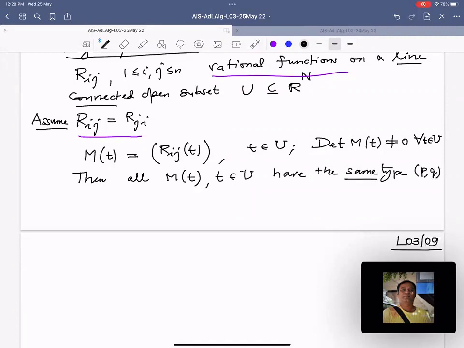Same. In particular, or equivalently, the same signature. I will prove this. Let us prove this because it's interesting.